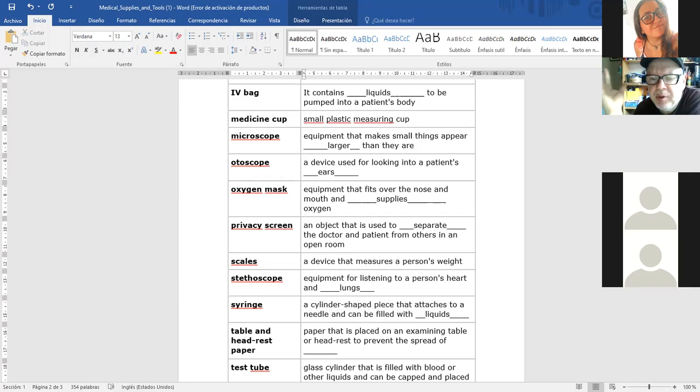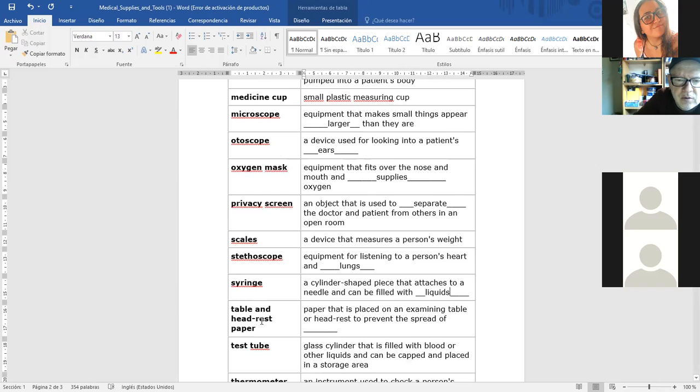A cylinder-shaped piece that attaches to a needle and can be filled with liquids. If you translate that, una pieza de forma cilíndrica that attaches to a needle, que se une a una aguja. Esta pieza cilíndrica se une a una aguja y se llena con líquido, ¿no es cierto? Y puede ser llenada con líquidos. Cylinder-shaped piece that is attached to a needle and is filled with liquids.